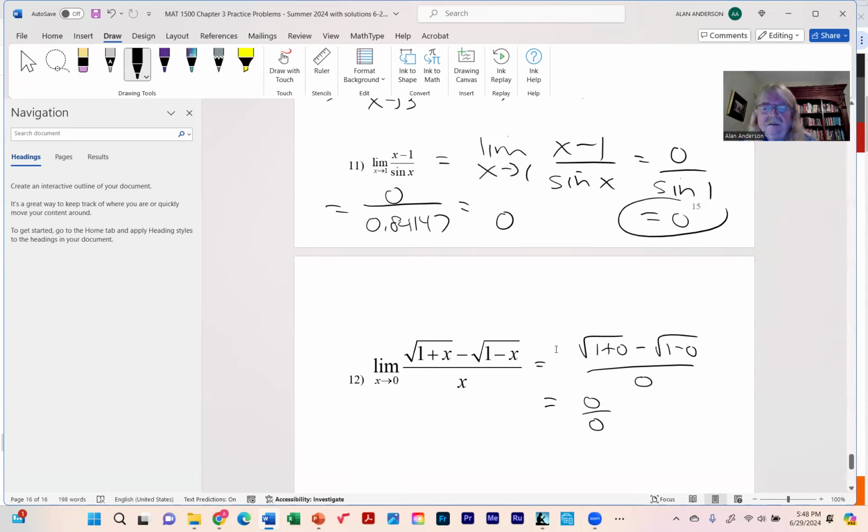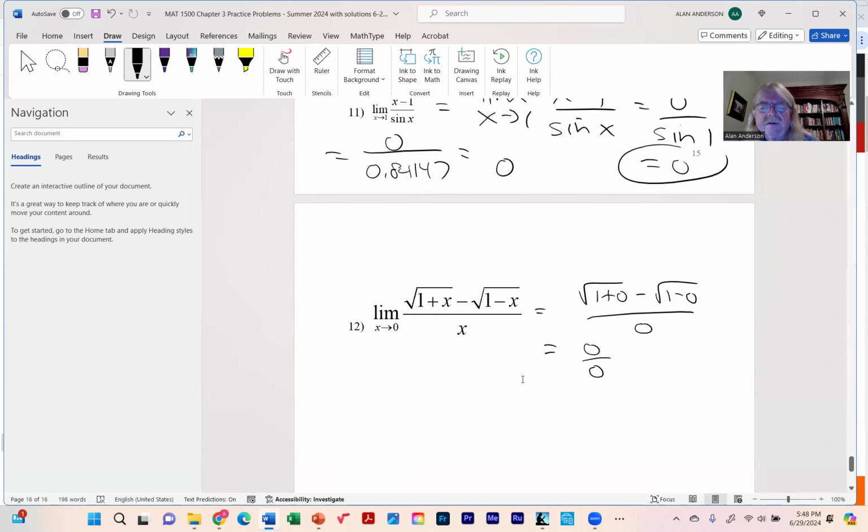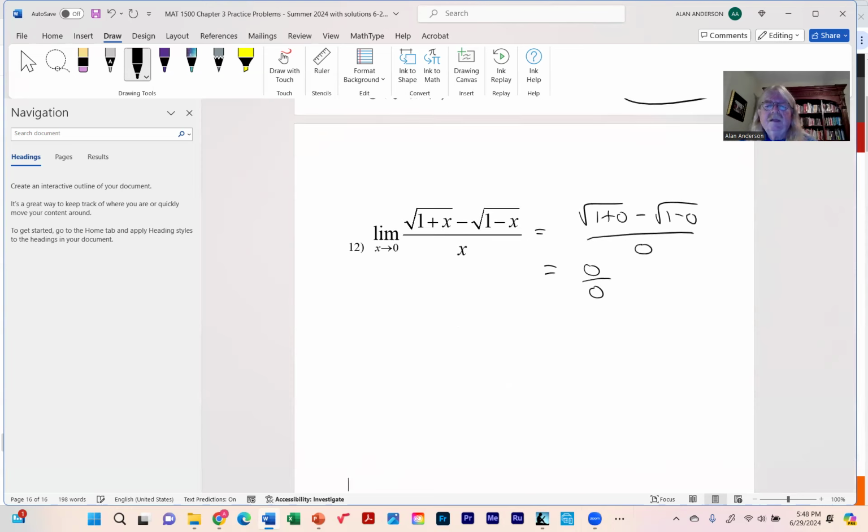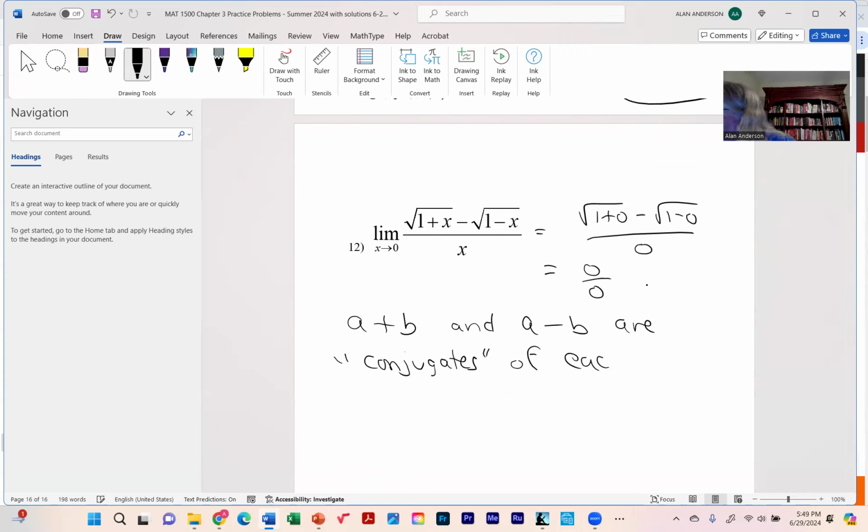Okay, but here's what we can do. You might recall the concept of conjugates. Whenever we have something like this, because only the sign is different.